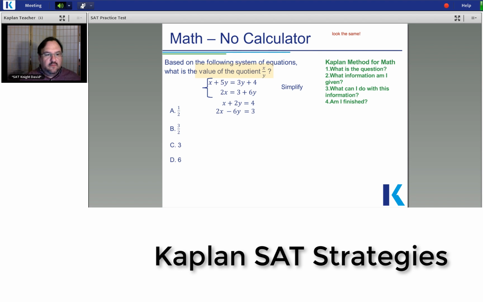Now, on test day, when you're dealing with systems of equations, let me ask you guys this, because you seem like an interesting bunch. I want to see what they know. When you have systems of equations to work with, there's two different ways you can tackle them. You can use substitution, or you can use combination/elimination.